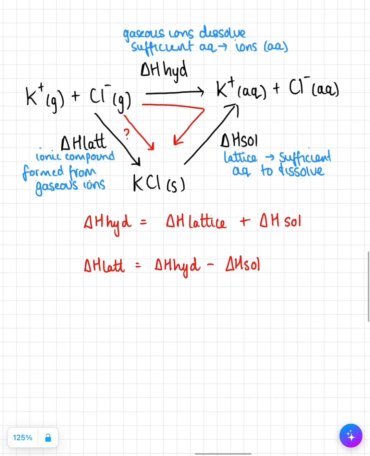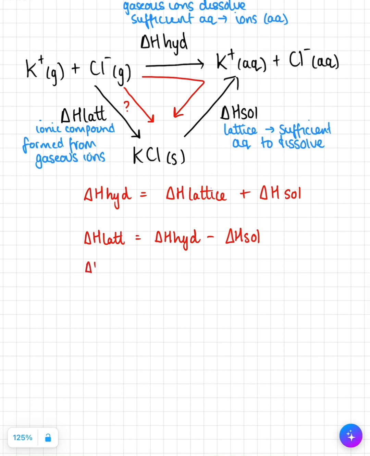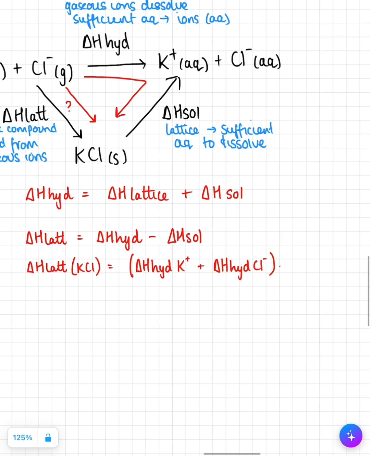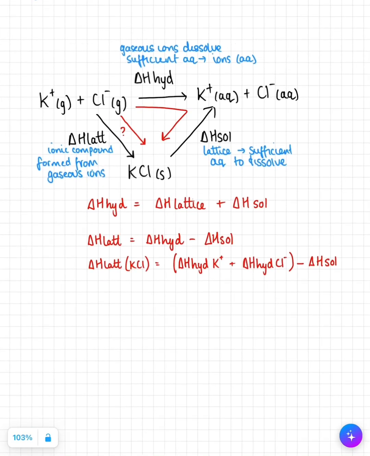Just to note at this point, for our potassium chloride, we look for the sum of the hydration enthalpies for each of our ions. So that is the enthalpy of hydration of K plus, plus the enthalpy of hydration of the Cl minus ion, and then we subtract the enthalpy of solution from that. And all the necessary data will be given to you.